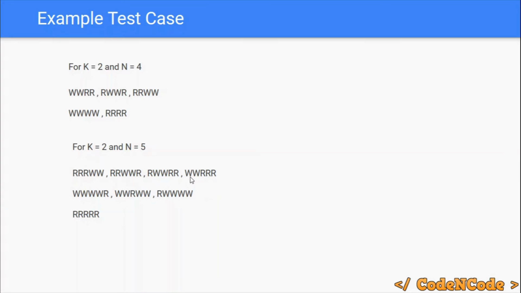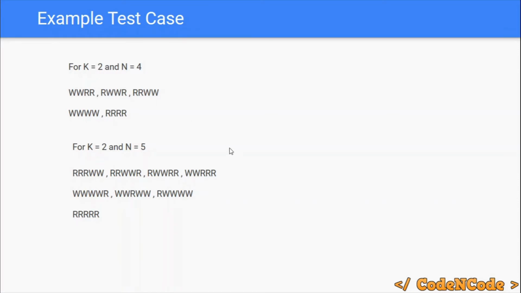For now, assume k is equal to 3, not 2. If you fill the current position with w, can you fill the next two positions with r? Just think about it.